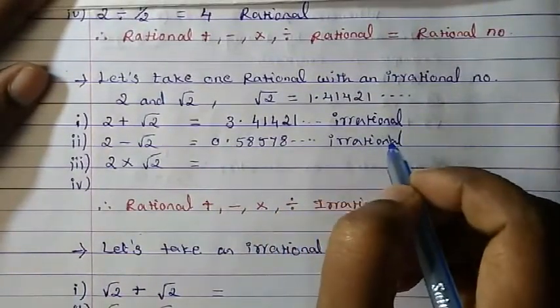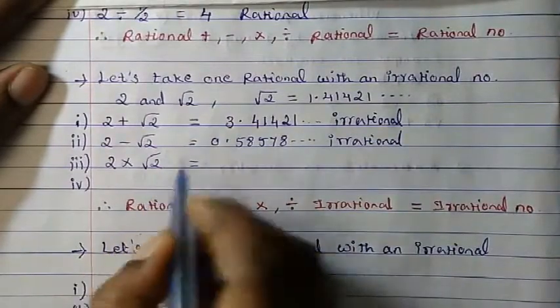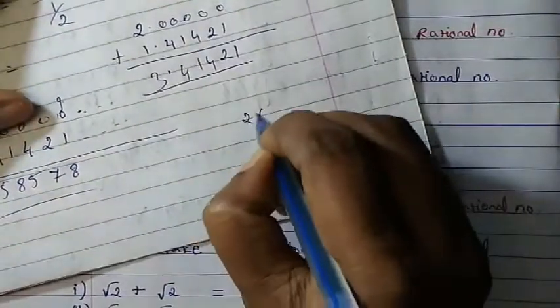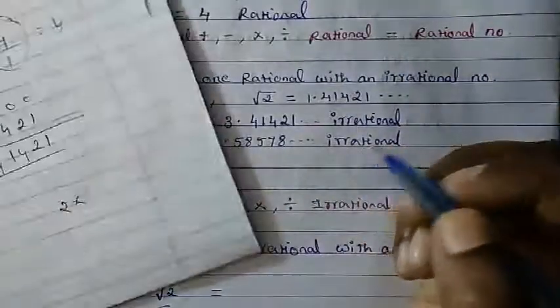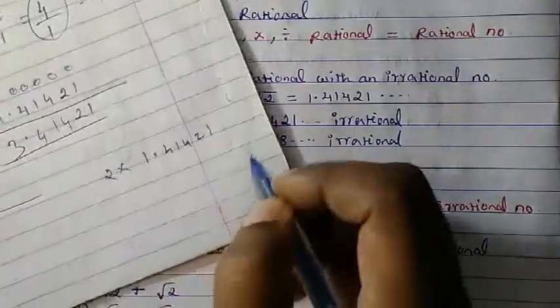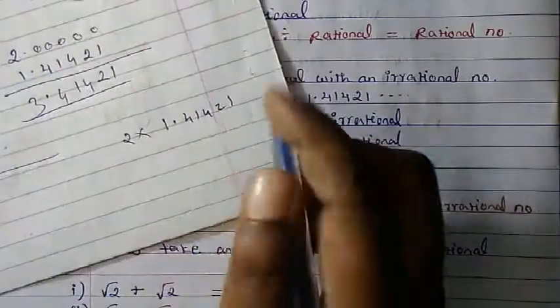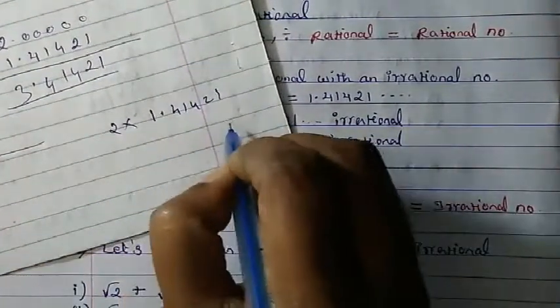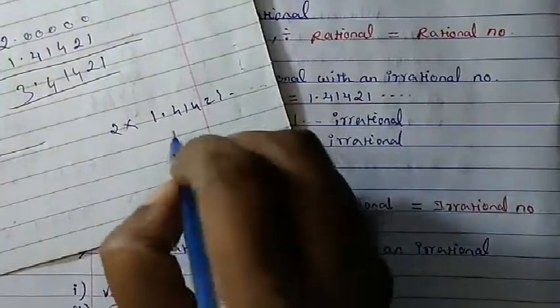irrational. Now if we are multiplying 2 with root 2, whose value is 1.41421, what will we get? We will be multiplying from here. It is an irrational number.